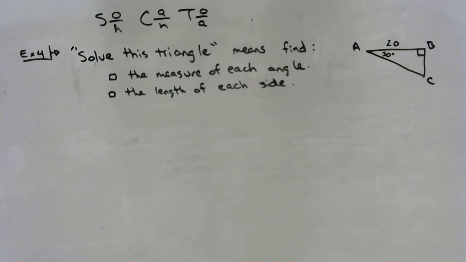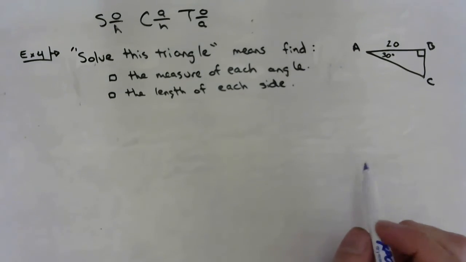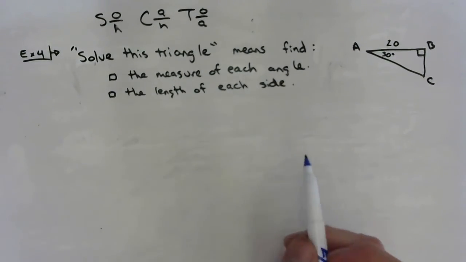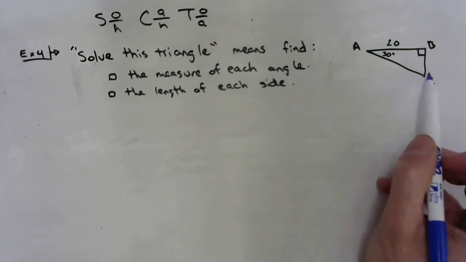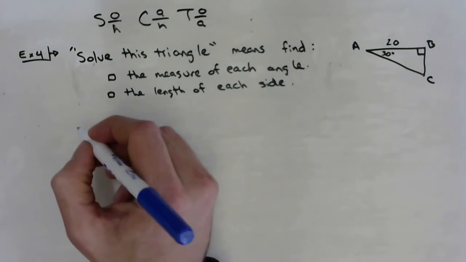Let's talk about angles first. Why would I want to do angles first in this situation? I already have 2 of them, so I only have one more trick to get this third one. It's pretty easy.